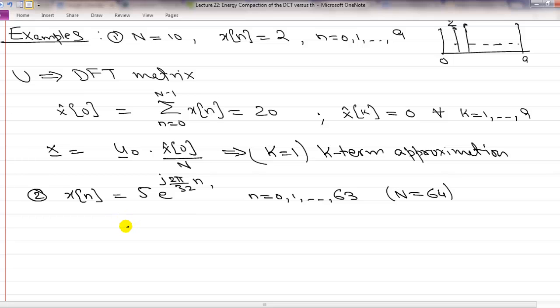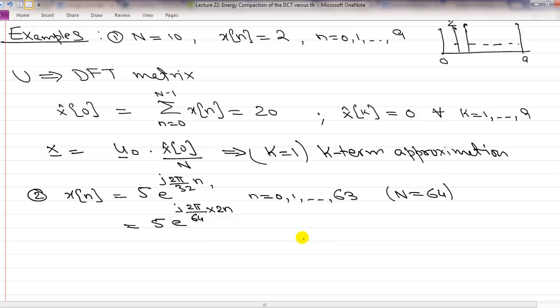Well, again, if we write it in the right fashion, if we express it as j2 pi, so 32 is, I can write it as 2 by 64, that's 2n. So this is nothing but a complex exponential whose frequency is exactly equal to one of the frequencies that the discrete Fourier transform computes.